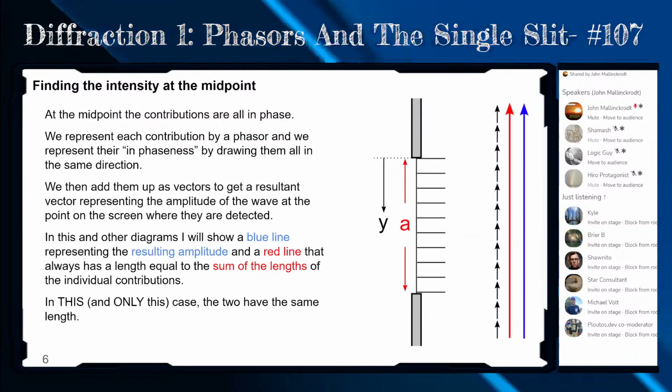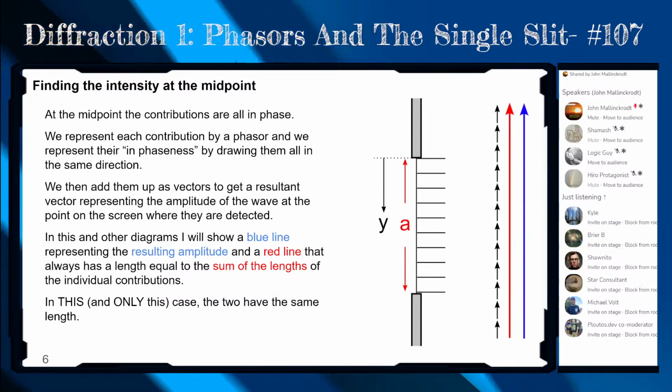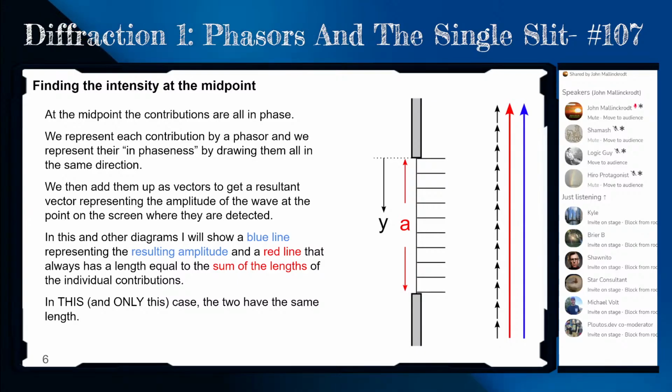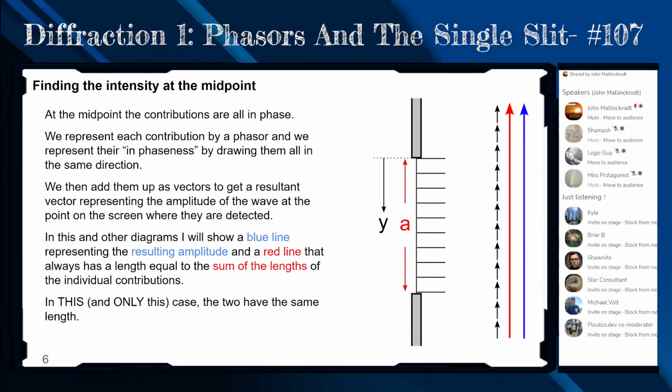Let's go back to slide 6 and just notice that in that case, all of the contributions are in phase. That means if I had, suppose it was a water wave, a 1 centimeter high water wave, and then I added another 1 centimeter water wave in the same phase, then I'd end up with a 2 centimeter water wave.